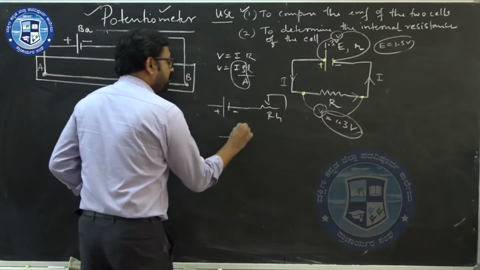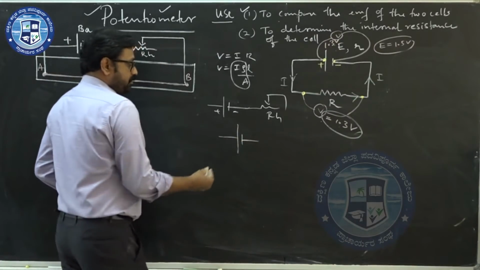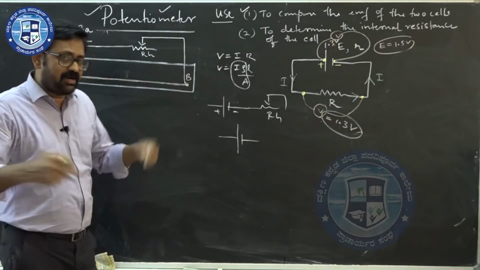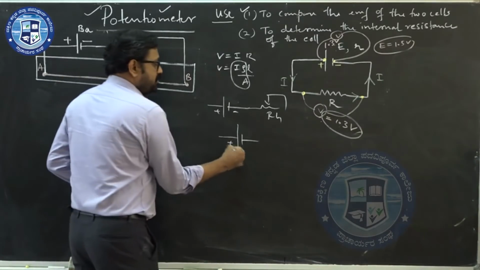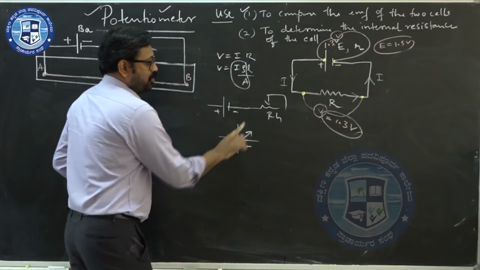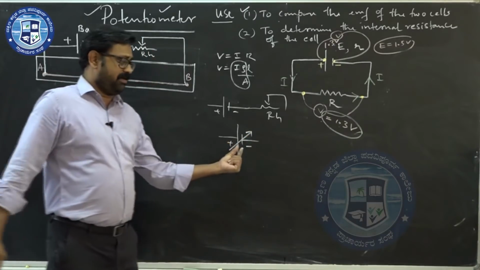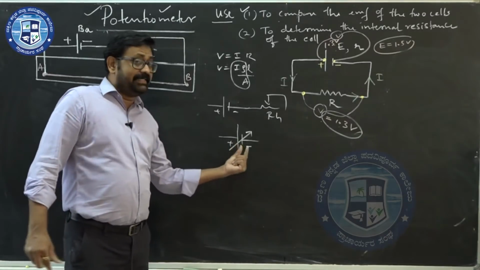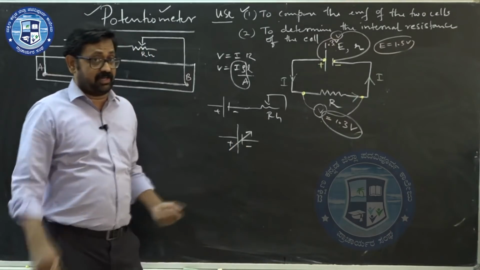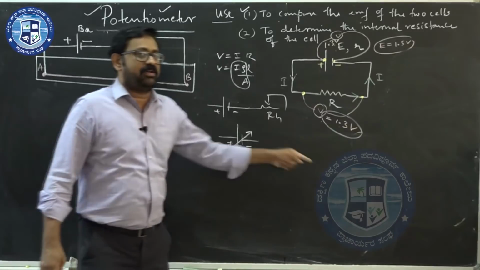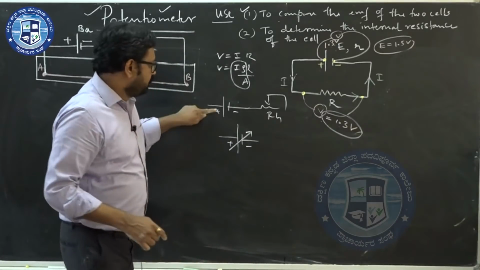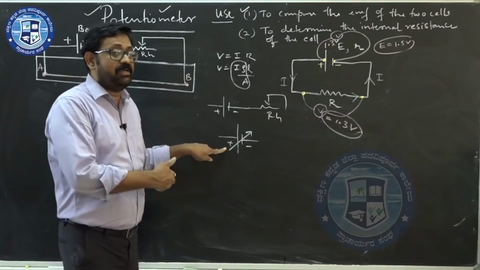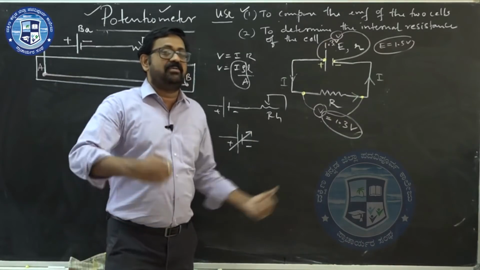But nowadays we have a battery where the rheostat is inbuilt, and such a battery we represent by the symbol, a cross arrow mark. In that battery one extra knob will be there. By turning the knob, you can vary the voltage or current. You don't require a rheostat for that. This is a circuit symbol of a fixed battery, this is a circuit symbol of a variable battery. If I am having a variable battery, I don't require an additional rheostat.